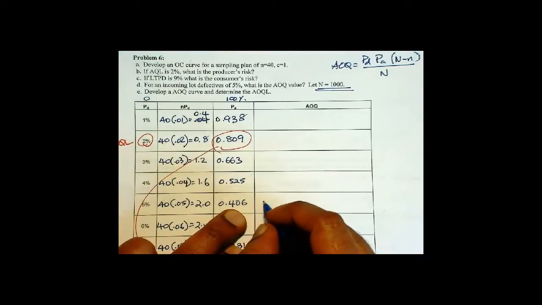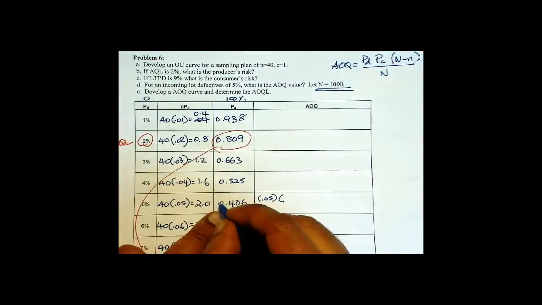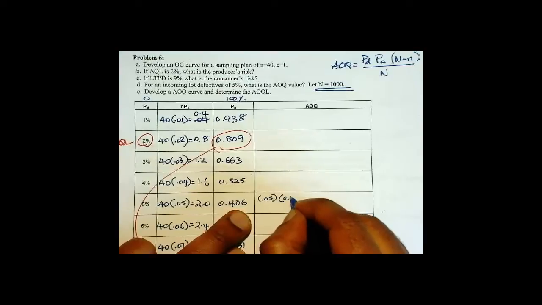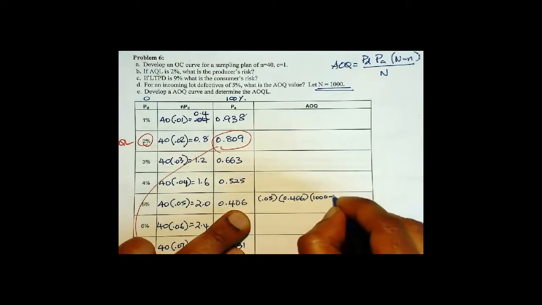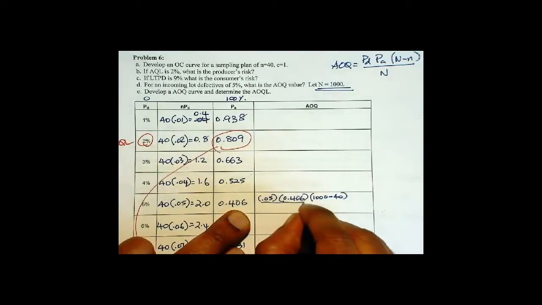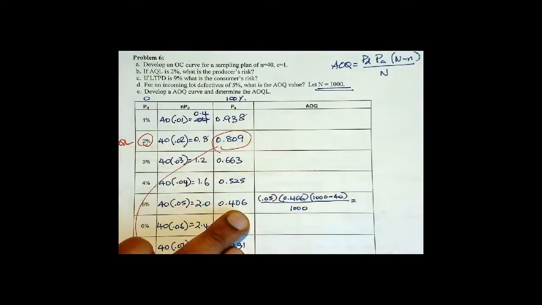That will be 0.05 for P sub D, and P sub A is 0.406, times 1000 minus 40, divided by 1000, and that number is 0.01949, or 1.949%.